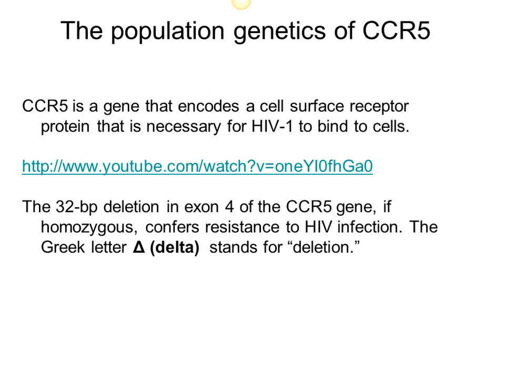You have to be homozygous for a deletion, homozygous for a mutant allele of CCR5. It gives you a natural resistance to HIV infection. And this allele is called CCR5 delta 32. Because in genetics, the Greek letter delta, think of DEL, represents deletion.